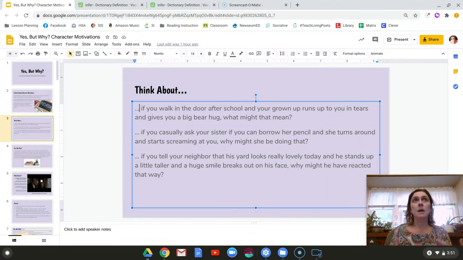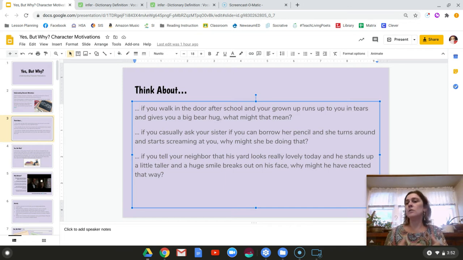Maybe mom just got a phone call saying that somebody's passed away or that somebody was in a terrible accident and she is just devastated and she just needs somebody to hug. Okay, that could be one reason for it. Or it could be something completely different. Maybe dad's been unemployed for the past 3 months and he just got a new job and he's so happy and relieved that he has tears of joy in his eyes.